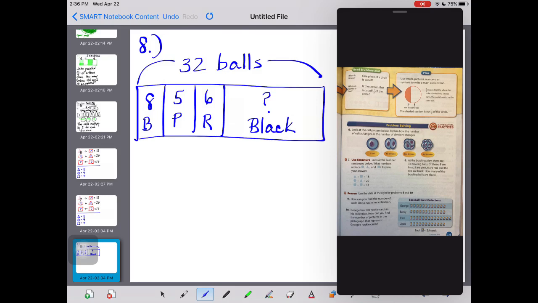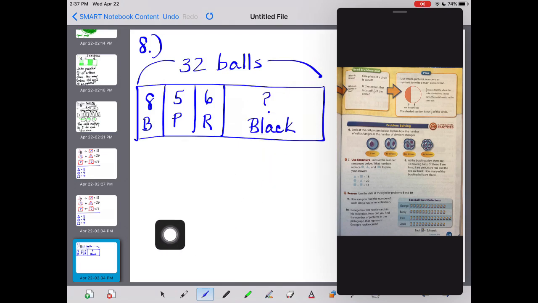And that's our question. Just based on looking at that, how can I simplify this down to figure out what this is? Now, I know that if I add 8 plus 5 plus 6 plus this amount, I will get 32 balls. But I don't know what this amount is.